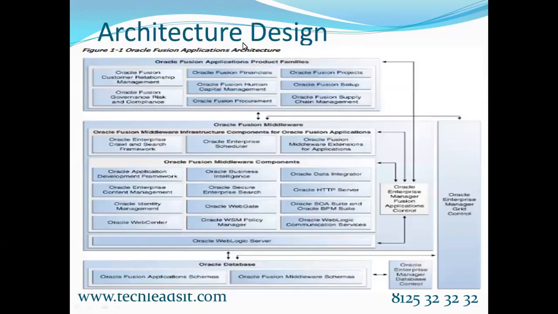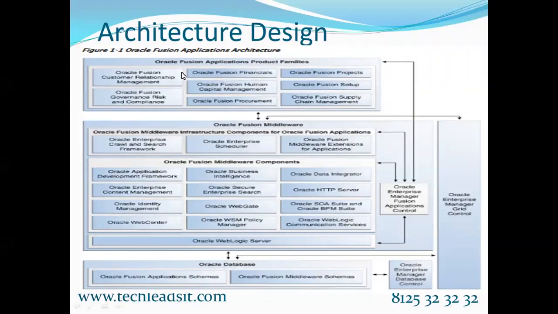If you look at the architecture, not only for Fusion applications but for any application, we commonly have three layers: the product families, or the application layer, the middleware layer, and the database layer. Here also we see the same three types of layers: first the application layer, then the middleware layer, and the third, the database layer.